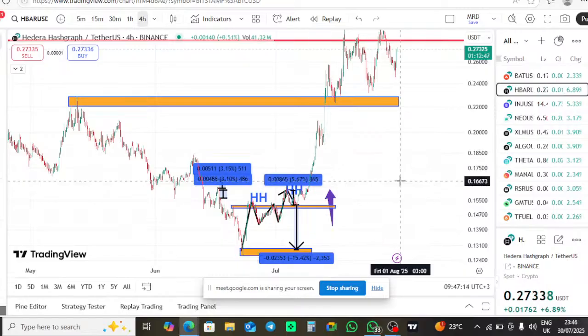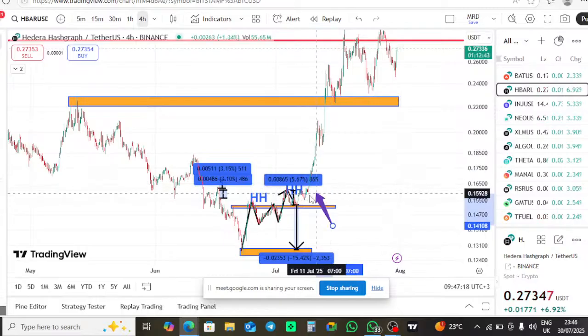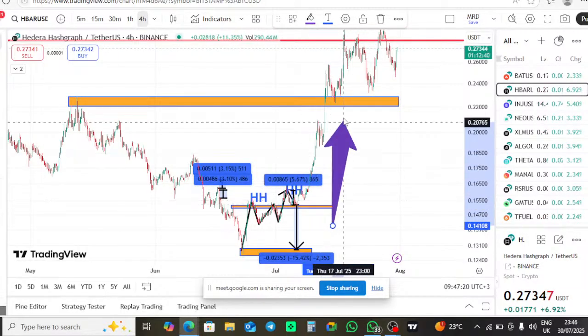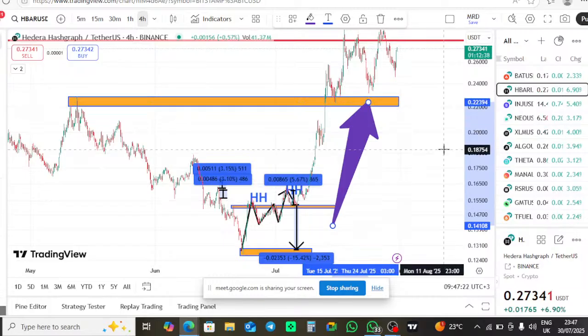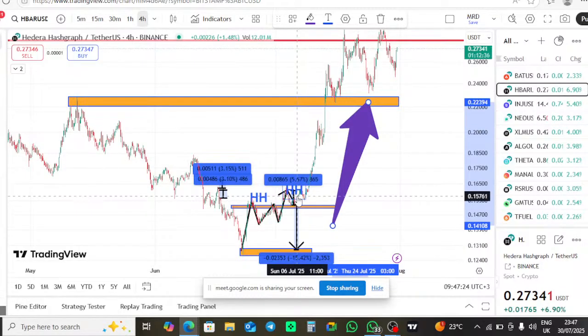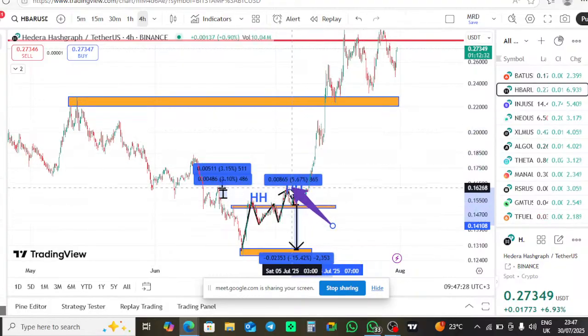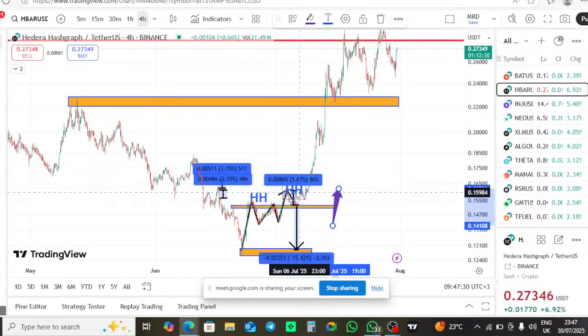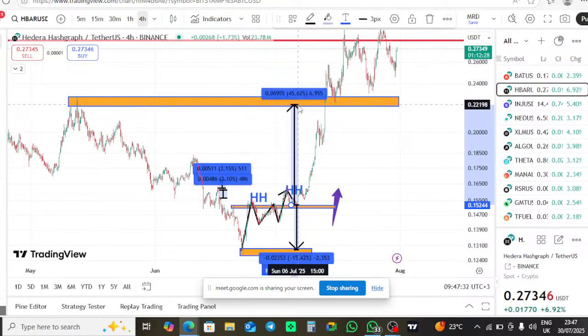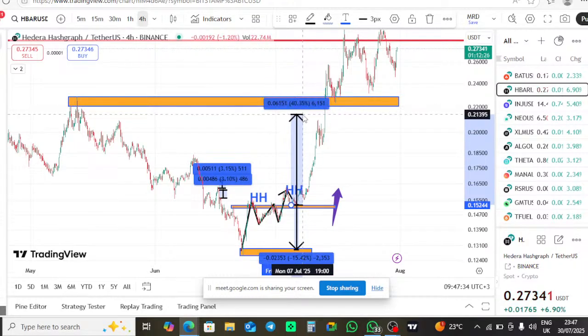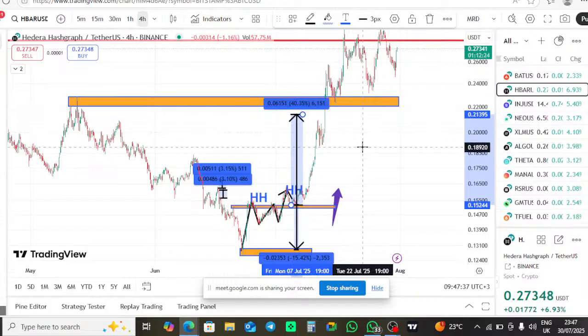For you guys who are always busy, after closing above this level, you have to think about long-term trades, like 1 week, like 2 weeks. So by entering here, while others are looking for 5%, for you will say no, I'm looking for 40%, and it is possible.